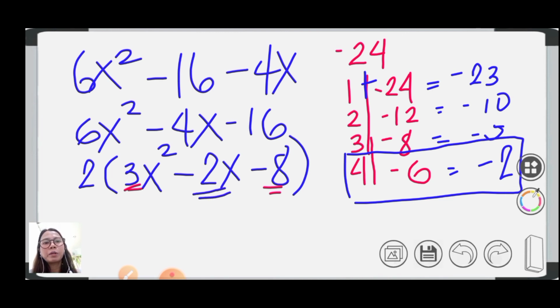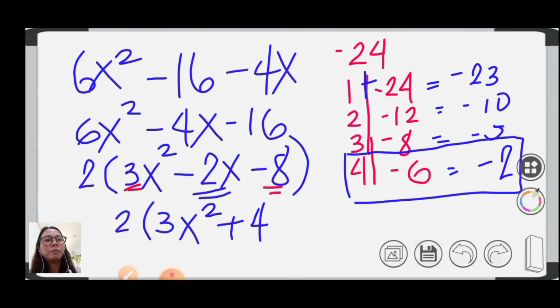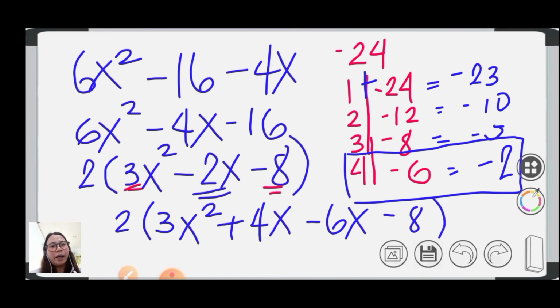So let's copy the quantity of 3x squared, then copy the factors: 4x minus 6x minus 8. This time, let us group them.